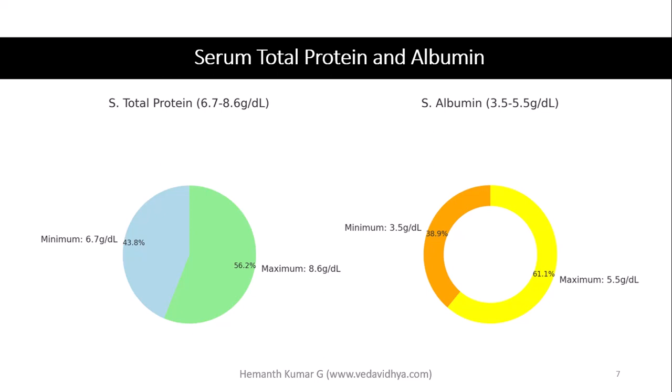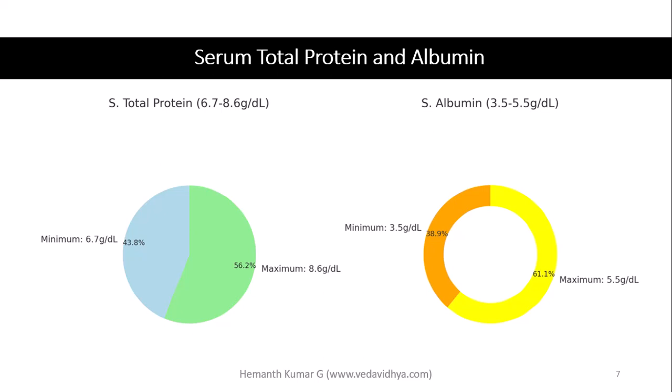Let me repeat this concept. Albumin protein is found in the blood plasma and accounts for about 60% of the total protein.